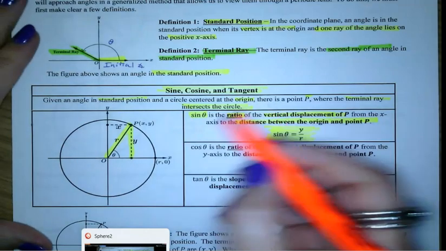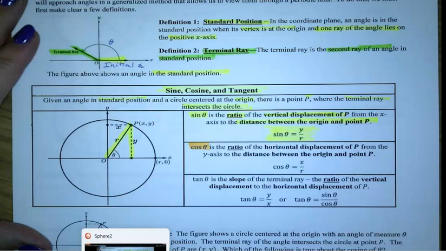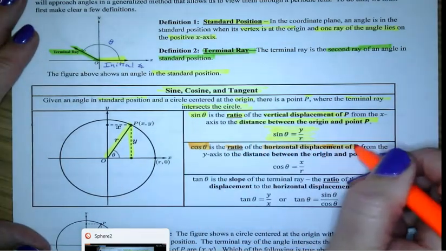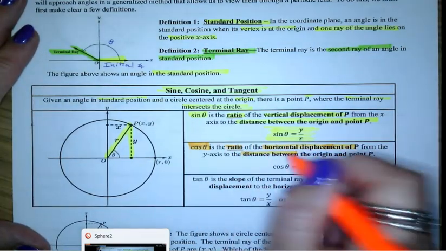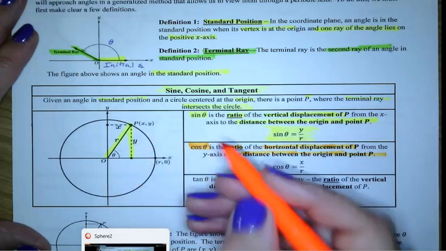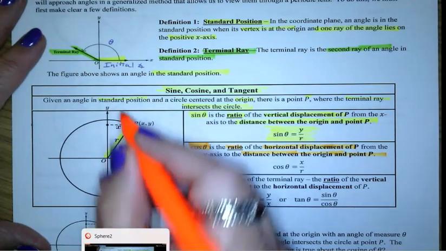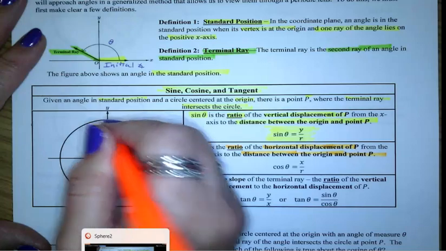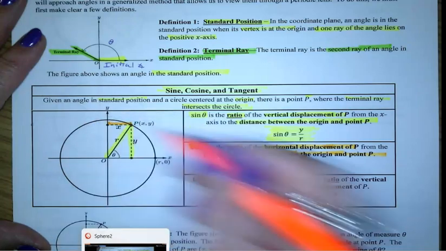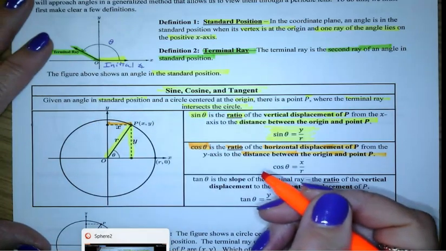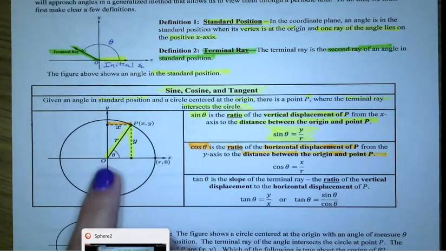Now if we do cosine of theta, that is the ratio of the horizontal displacement of P to the distance between the origin and P. Now I did put the x up here for the horizontal. It's going from the vertical axis to the ray, to the terminal side. But if I put it down here, you couldn't see it on the axis.